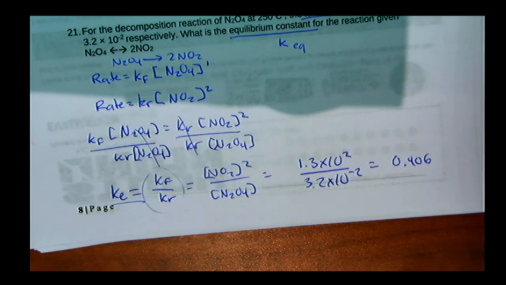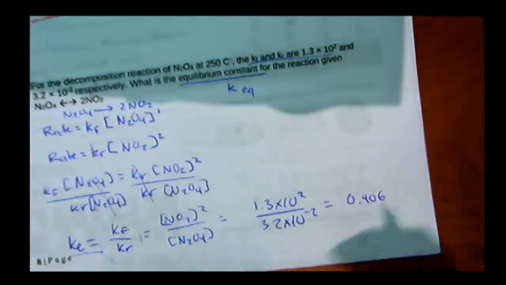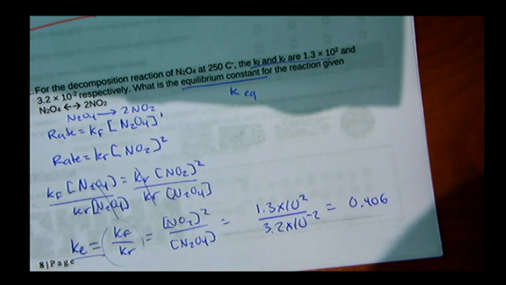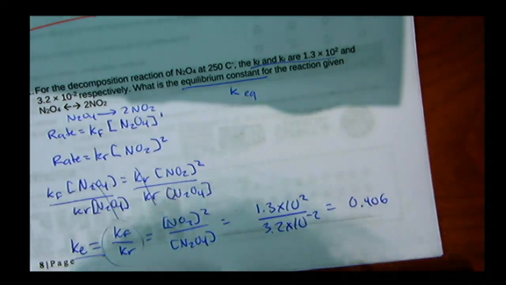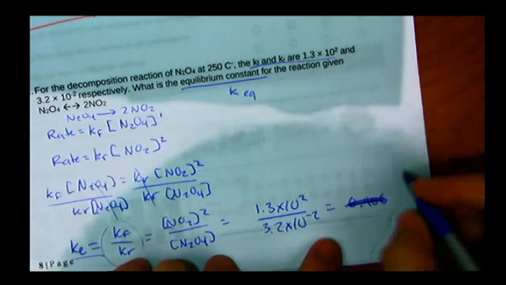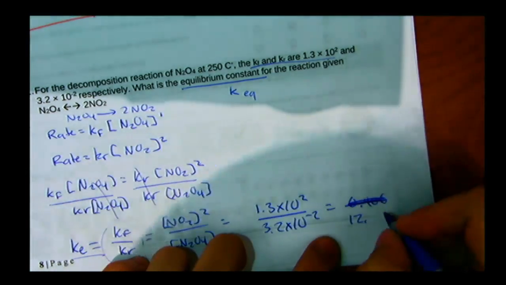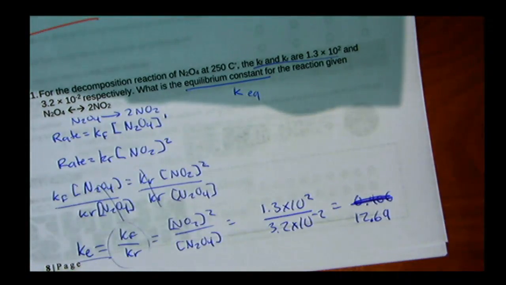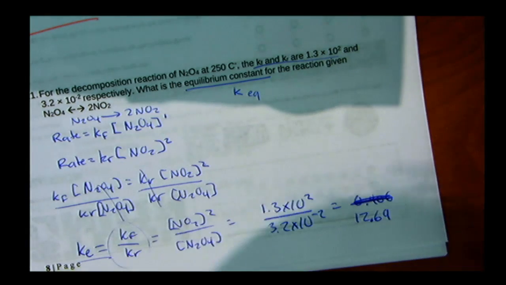Maybe I did it wrong. Let me do that again. Oh yeah, you're right, I did do it wrong. So this is not that, it's 12. I forgot to put the parentheses. I didn't close those. Always close your parentheses. So 12.69-ish, round up. So that equals divided by 3.2 times 10 to the negative 2.